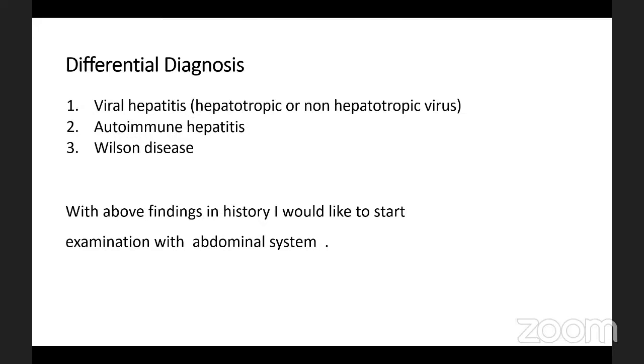Central lobular necrosis may be present, but I'm talking about symptoms, not liver biopsy. No encephalopathy present, no joint pains. And what about Wilson's disease? Sir, fulminant Wilson's will present with hemolysis or any chronic disease.